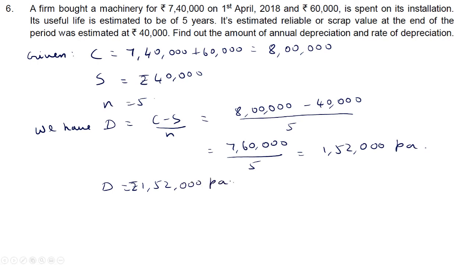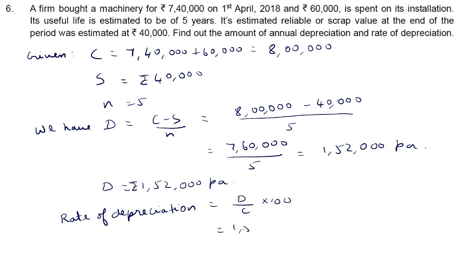They have also asked the rate of depreciation. The rate of depreciation is the percentage of annual depreciation of the total cost. Rate of depreciation is equal to D upon C into 100.